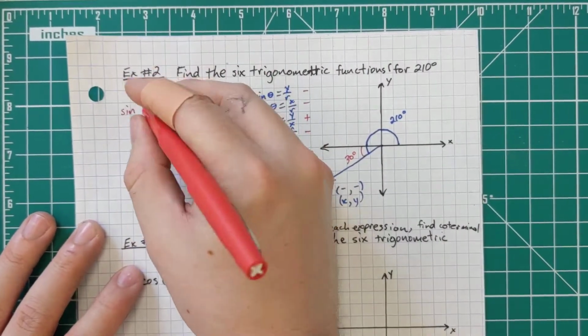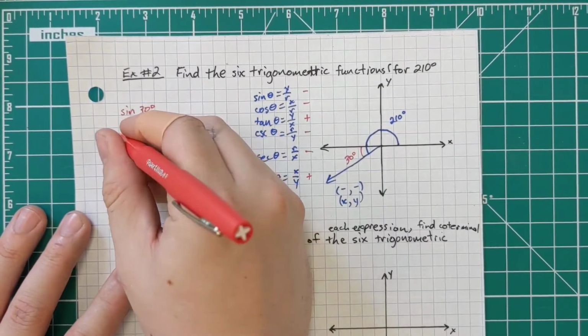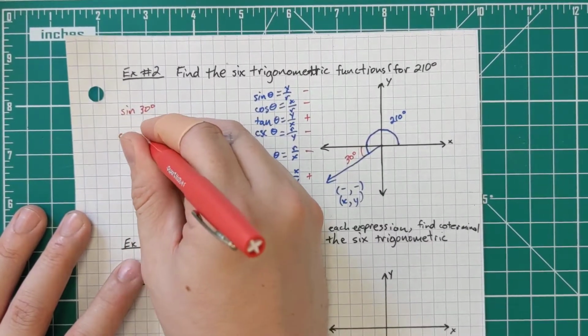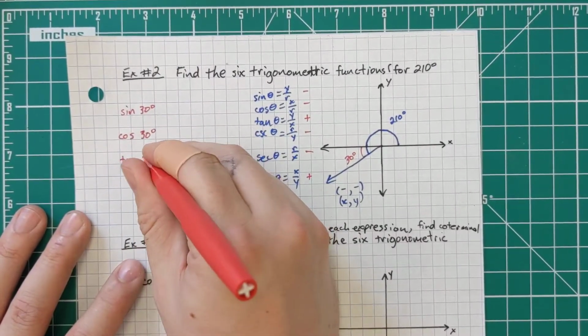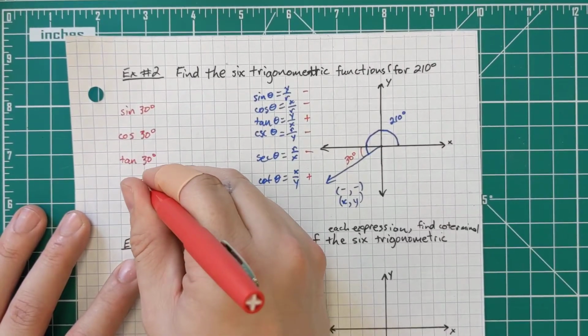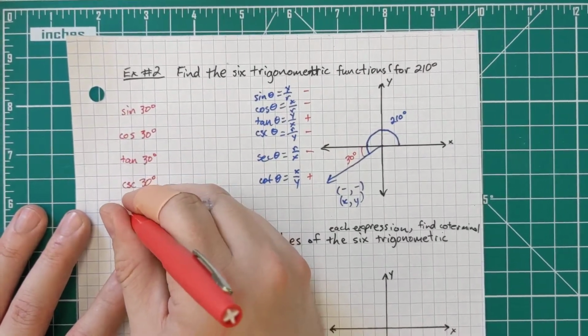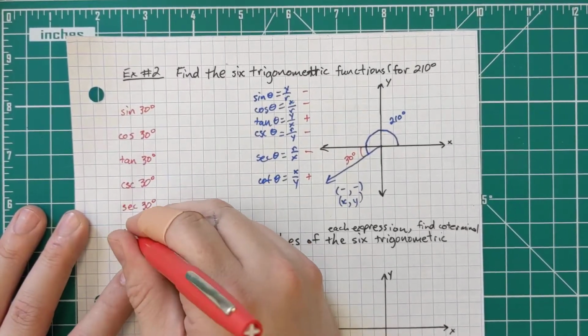All right, so sine of 30 degrees, cosine, so I'm starting with 30 degrees. We'll see how this translates. So cosecant, secant, and I just barely have enough room. Cotangent.